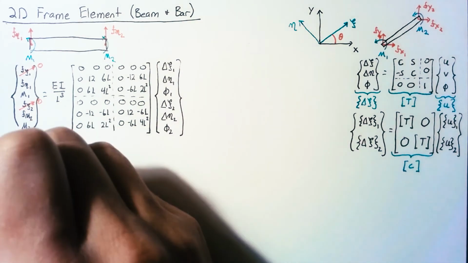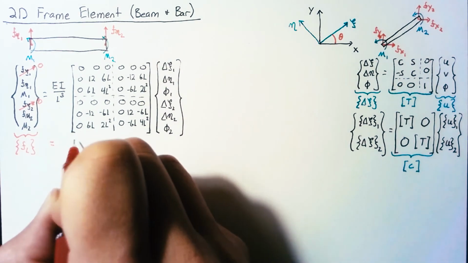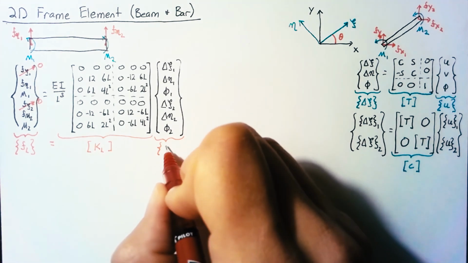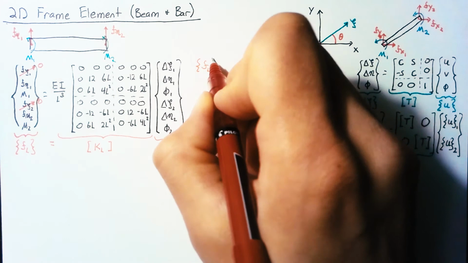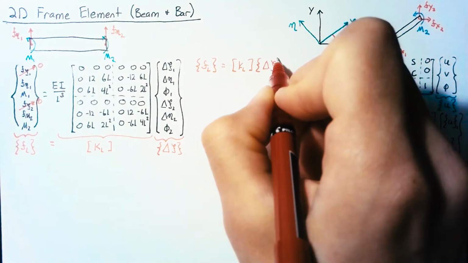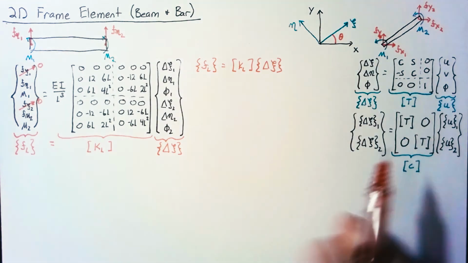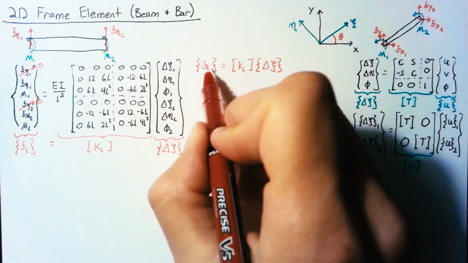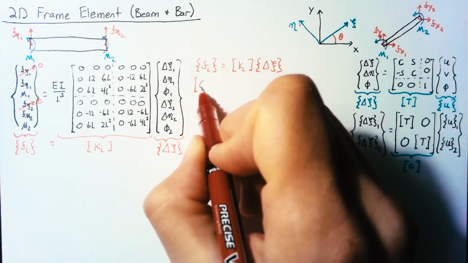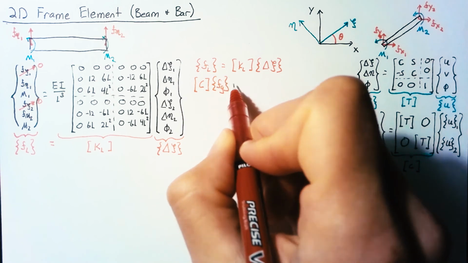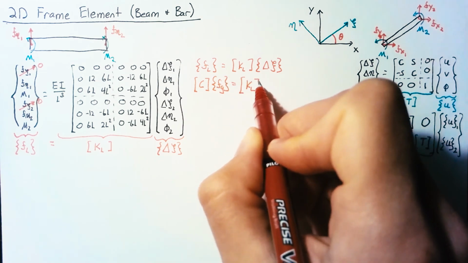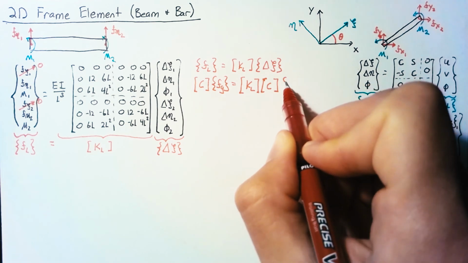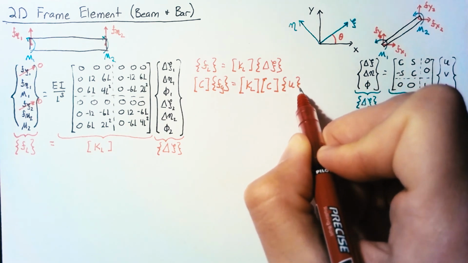As before, we're going to give these vectors names as the local forces, the local stiffness matrix, and the local displacements. So we can take that equation and use our definitions here to transform that to the global reference frame. Because our local forces are simply the cosine matrix multiplied by the global forces, our KL is going to stay the same, but then our local displacements become this C matrix again, multiplied by our global displacements.